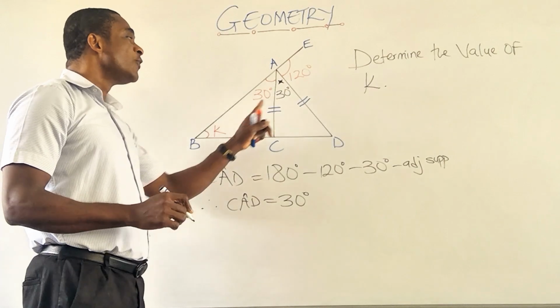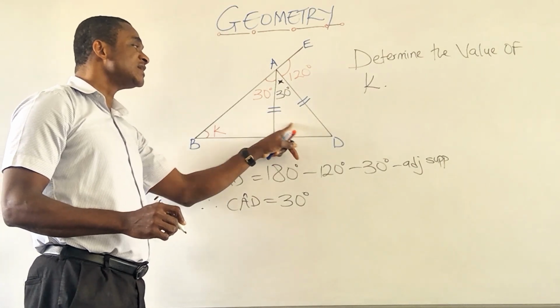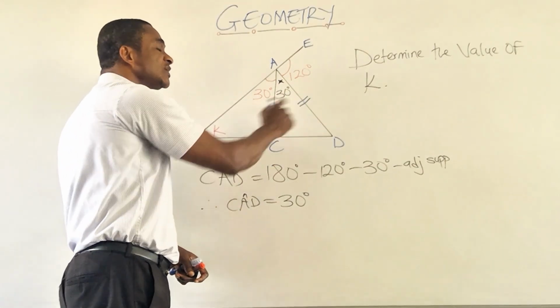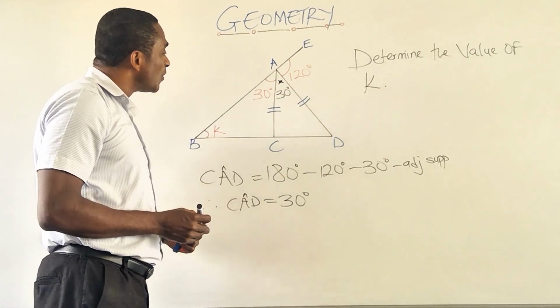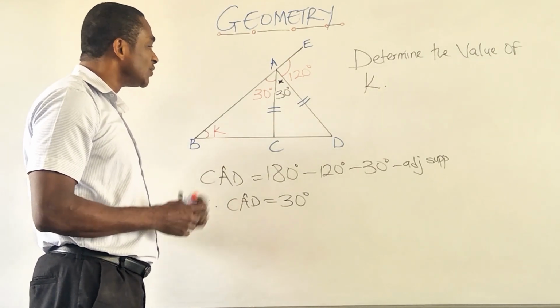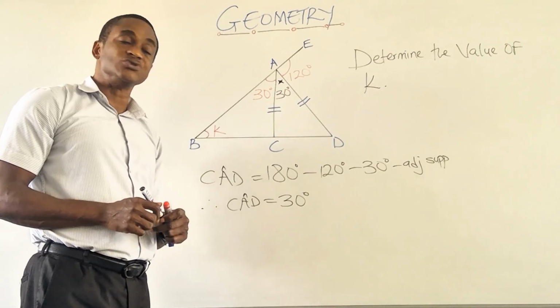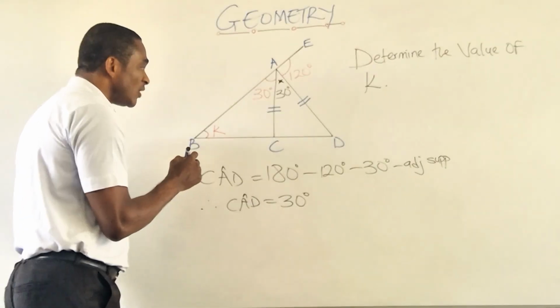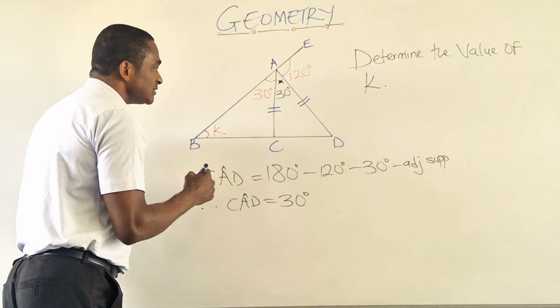With that, we note that this is an isosceles triangle because the opposite lengths are equal. So all their base angles will also be equal. So we can go on and take that initiative.